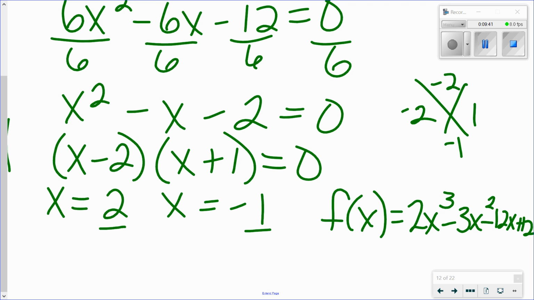So let's go ahead and check that in our calculators. We're going to have 2 times... okay, so it looks like we have 2 comma negative 8 for the first one, and negative 1, let's see what that gives us.